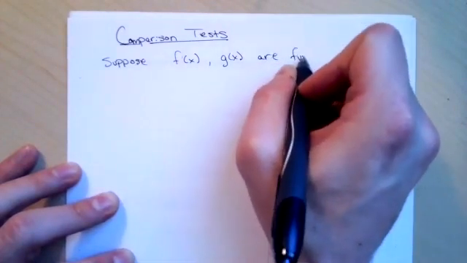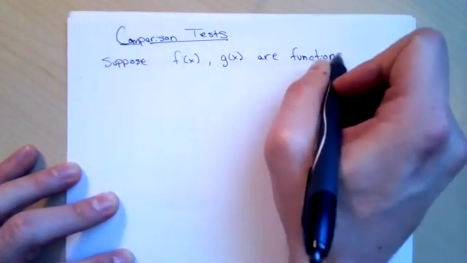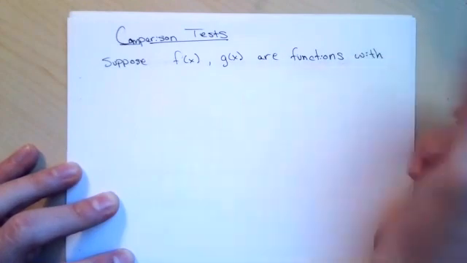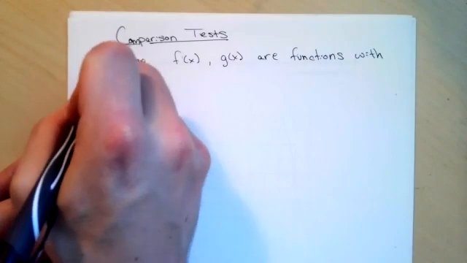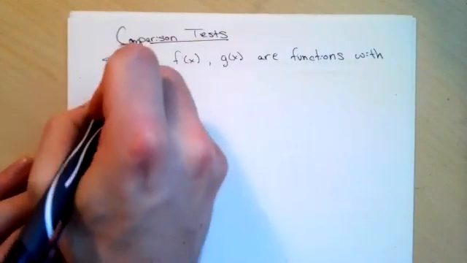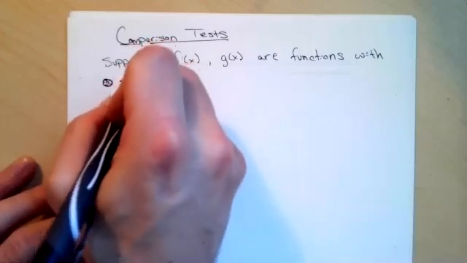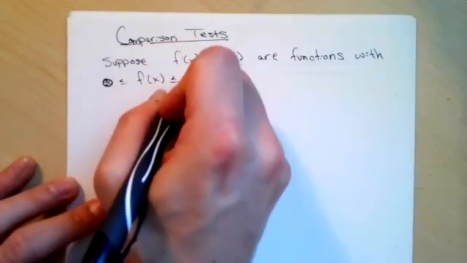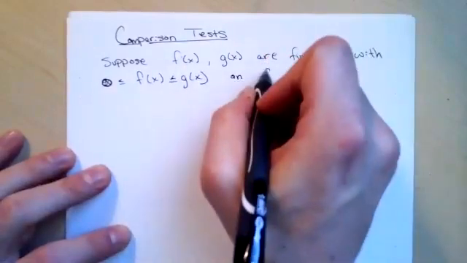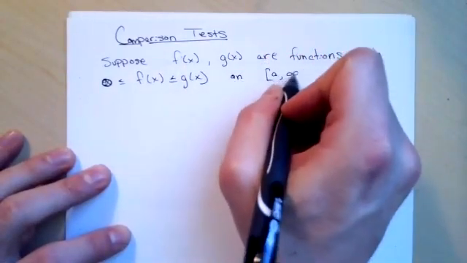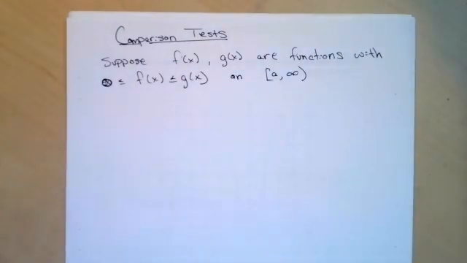are functions that are positive, and g of x is always bigger than f of x on whatever interval, whatever starting point we care about, but on an infinite interval with a finite starting value.